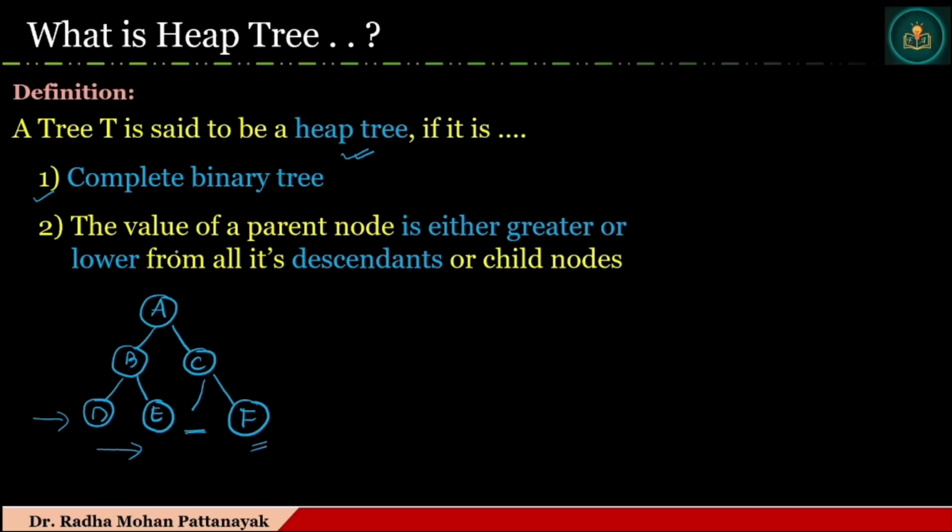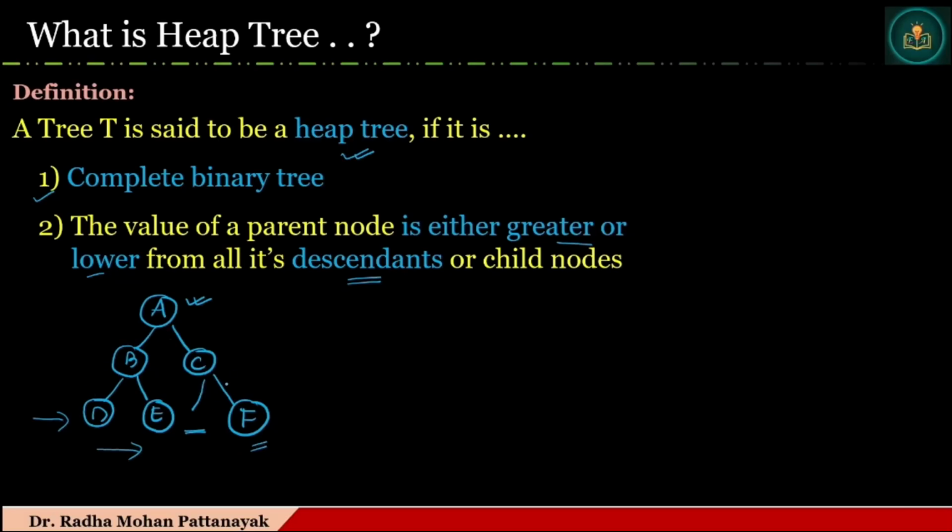The second rule is the value of a parent node is either greater or lower than all its descendant nodes. Descendant node means what? For example, let A be a node. For A, how many child nodes are in the lower part of A?